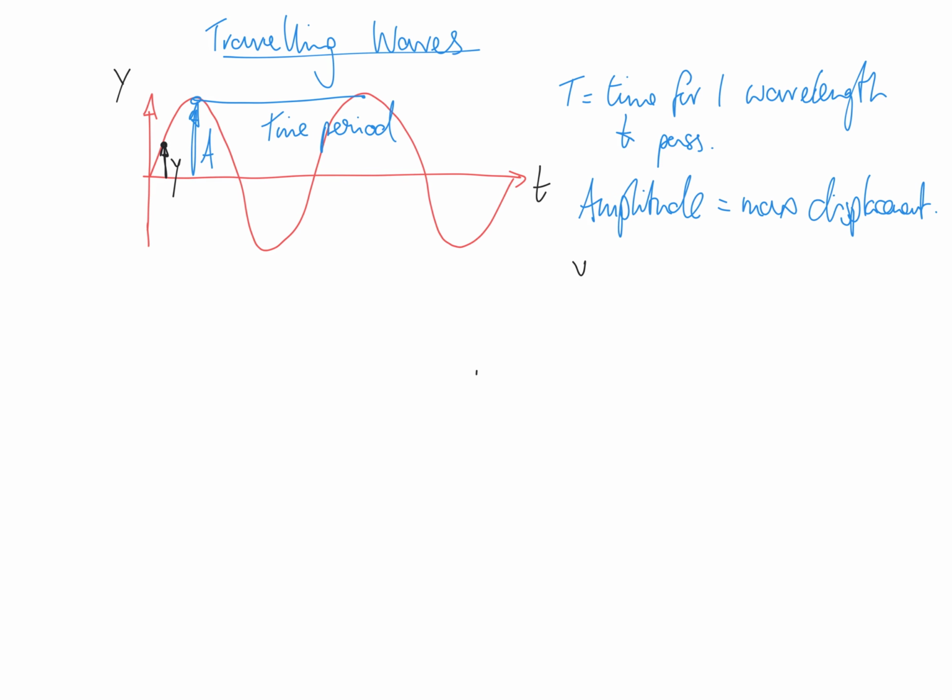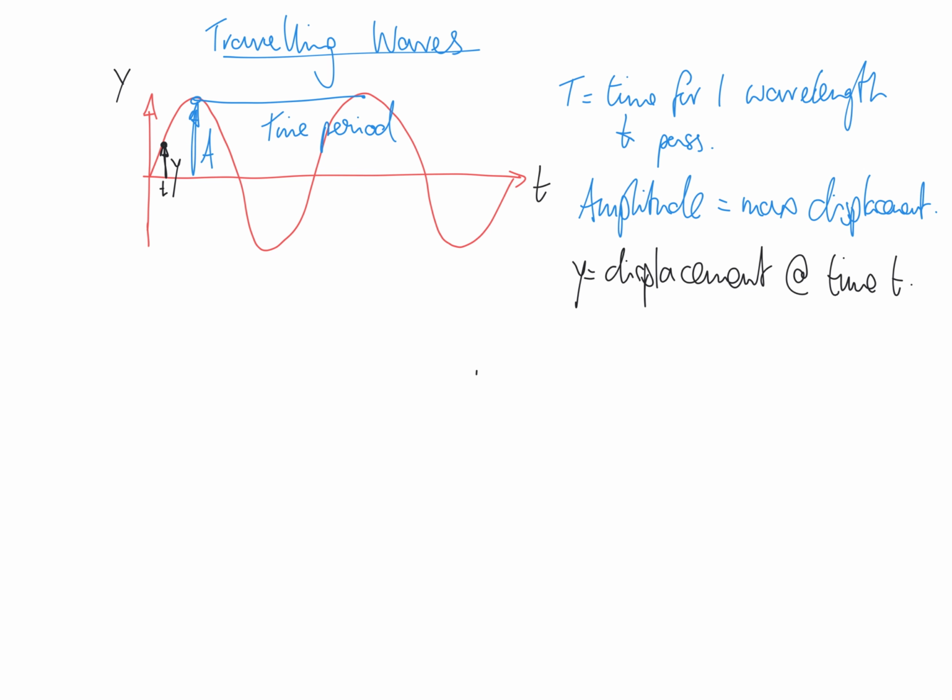So I'll just write y equals displacement at time t. So at time t, there, that is my displacement y. Slightly confusing with the y up there, but I hope you know what I'm getting at here.